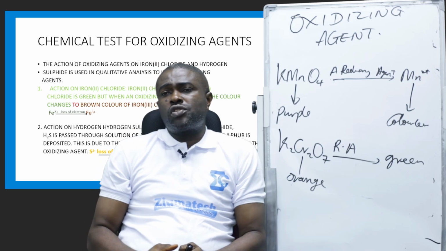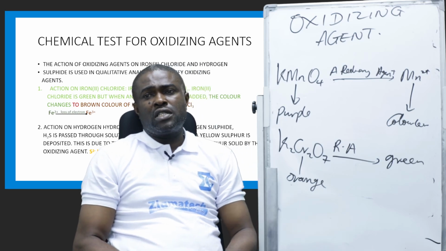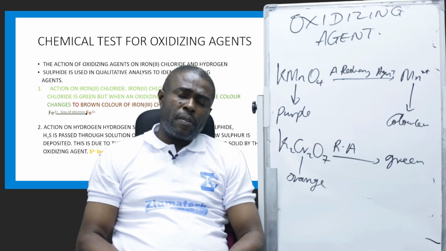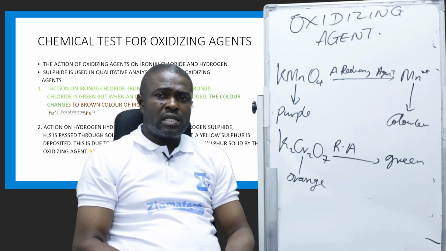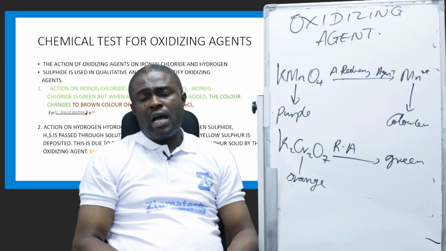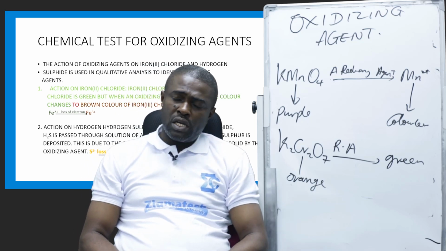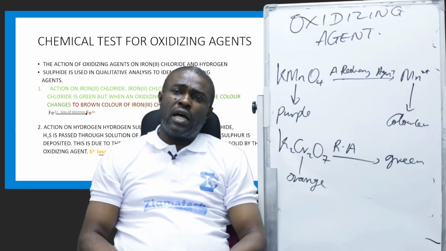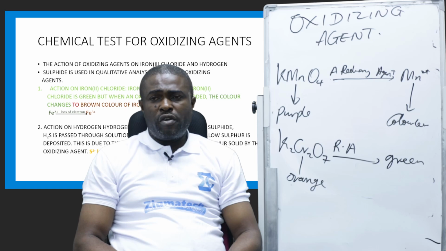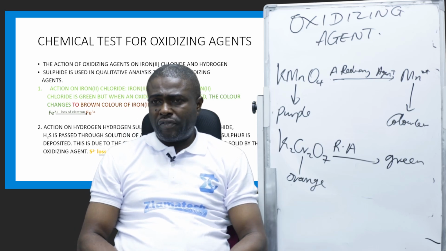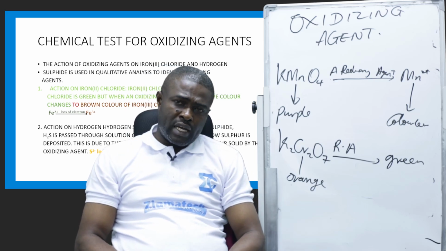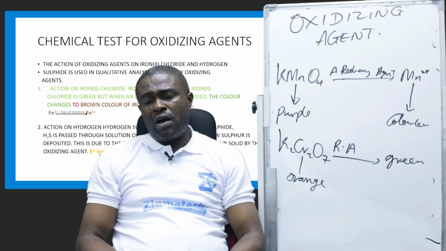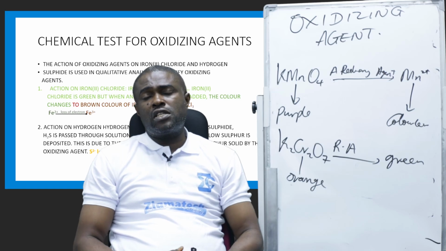Generally speaking, most reactive metals are reducing agents. They cause reduction reactions. Reactive non-metals, such as the group 7 elements, the halogens, and other ones from group 6 and group 8, are good oxidizing agents.